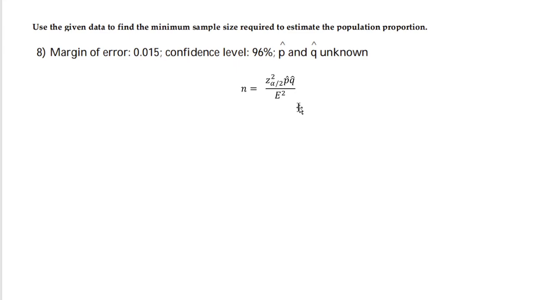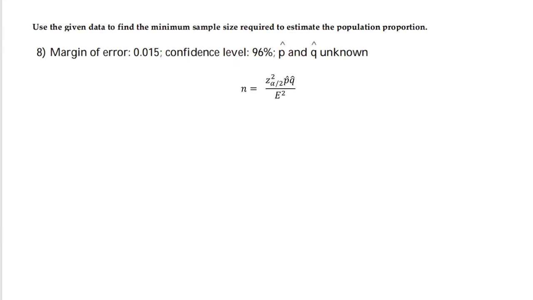Because, I mean, if you don't know what's going on, 50-50 is like the most reasonable choice, isn't it? But it also has the effect that it makes this value as large as possible, and it's better to have more samples than less, so that's why people use half and half. Okay, so we're going to use half and half.